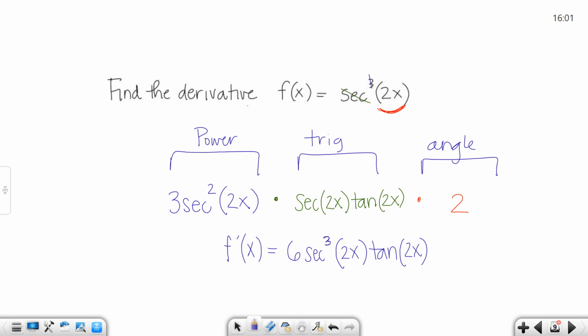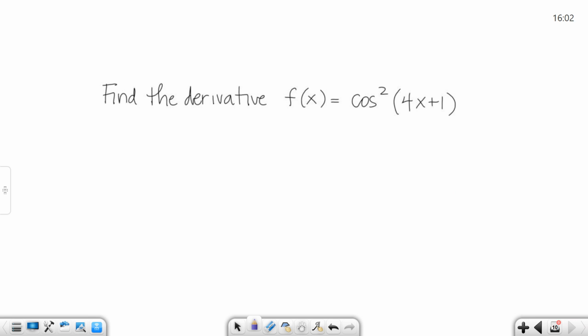Let's try one more of these. So here we go. I have a cosine squared.